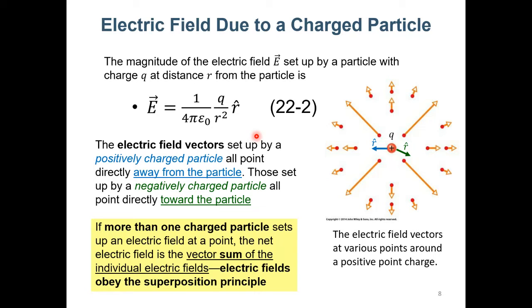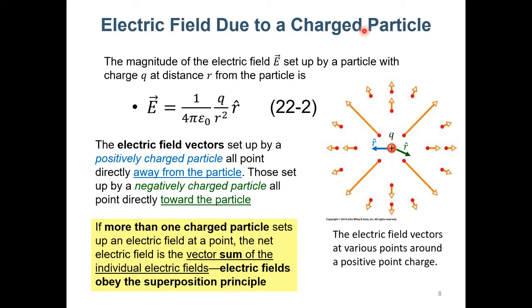And for this point, you have R hat here, and for this point, you have the R axis, and then R hat is somehow like this. So this is actually the simplest case, which is a single charge.